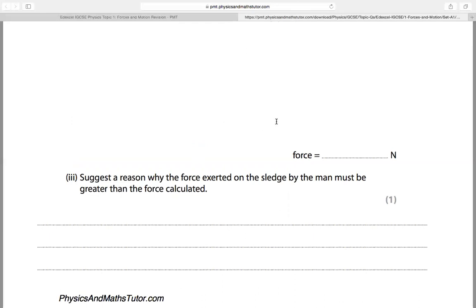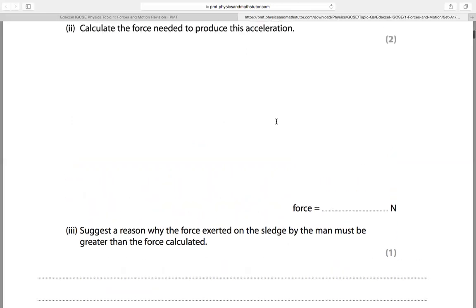So why must the actual force, when he pushes the sledge, be greater than what we calculated? For him to move that child, he needs to have a greater force. But we already calculated the force. What it means is 57 Newton is the calculated force, but in real life, it might be extra, like maybe 60 or 65 Newton.